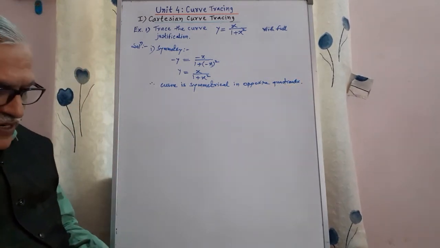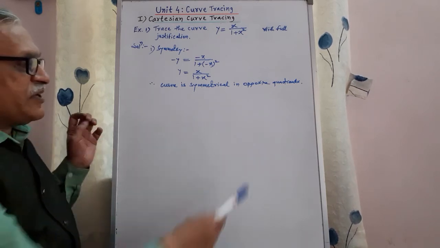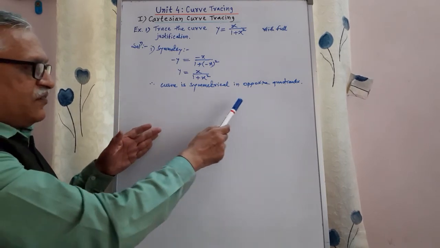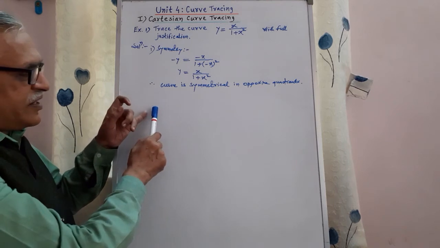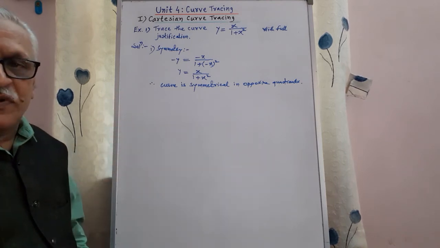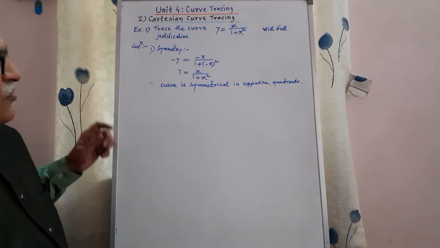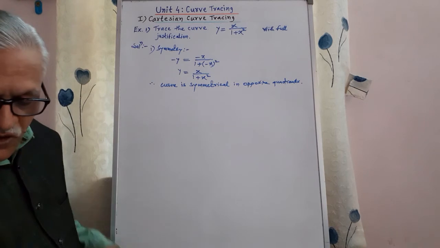A fourth symmetry exists here. Whatever the curve we have to draw, it must be symmetrical in opposite quadrant. Means if it exists in first, we have symmetrical portion in third, or if it exists in second, symmetrical portion in fourth quadrant. Therefore, this curve is having symmetry in opposite quadrant.